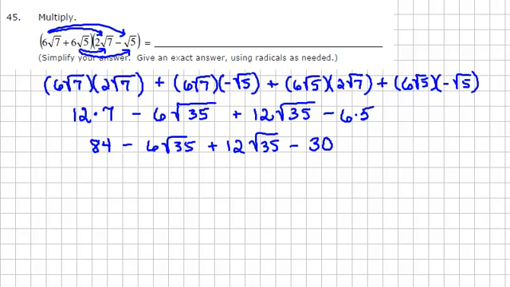So now we can go ahead and combine like terms. 84 and minus 30 are like terms, so we can go ahead and combine those together. 84 minus 30 is 54.